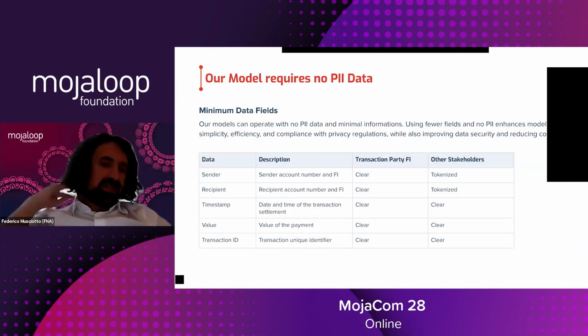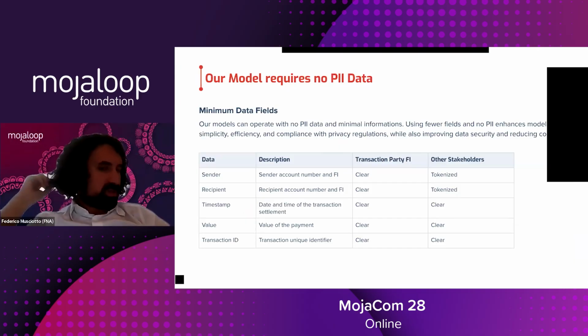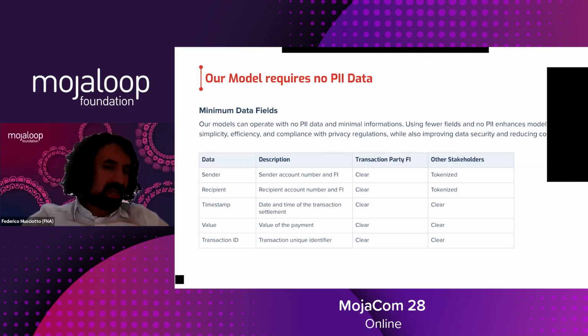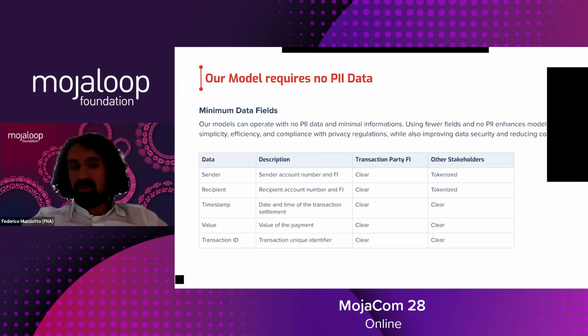Then, this complements what I was saying before. Since we are talking about centralized payment data, we are used to the fact that we cannot expect to have many additional fields.